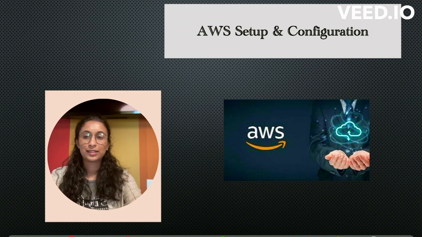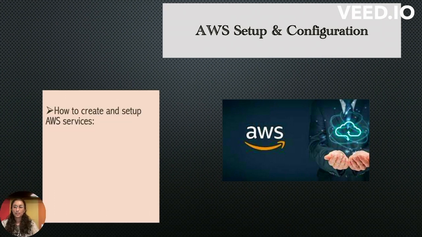So let's get started. We're going to see how we can create and set up all these AWS services that we used for that project. We'll look at how to create an EC2 instance, and how to use an S3 bucket. In the previous project we had not actually created an S3 bucket, we just created the client that fetches data from it.